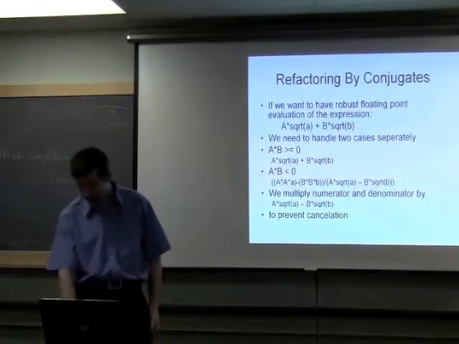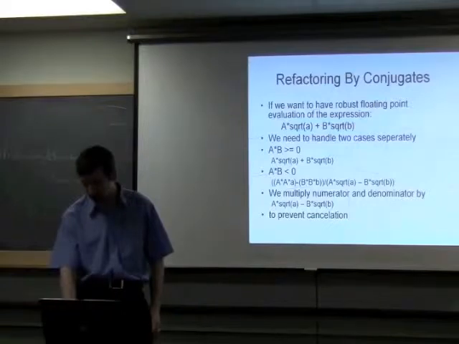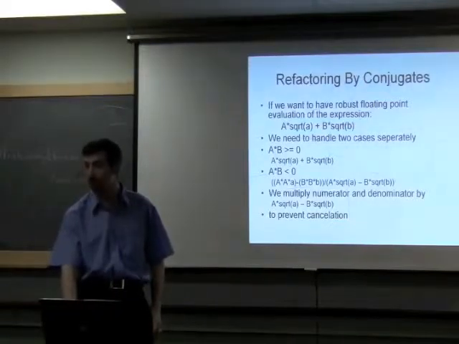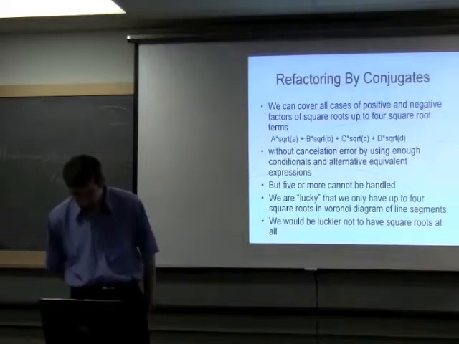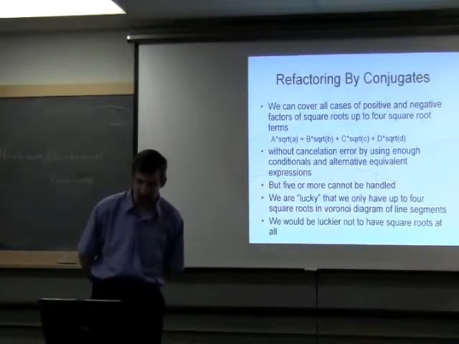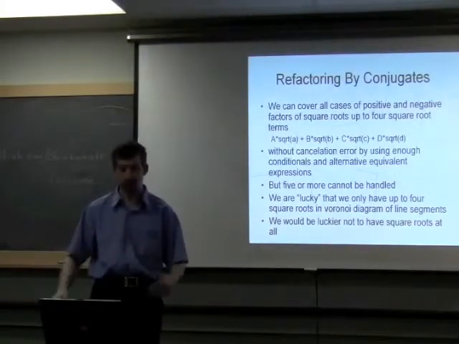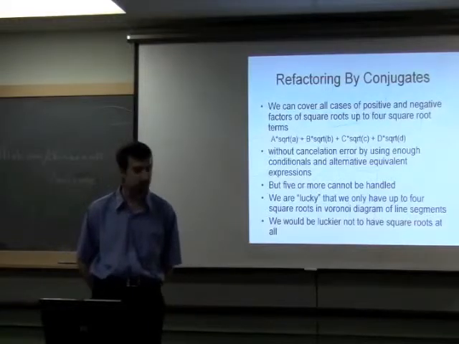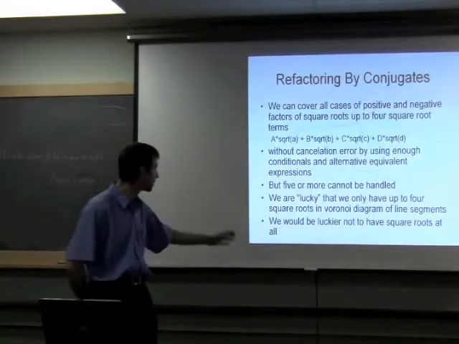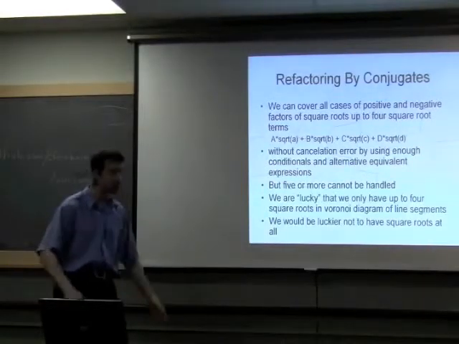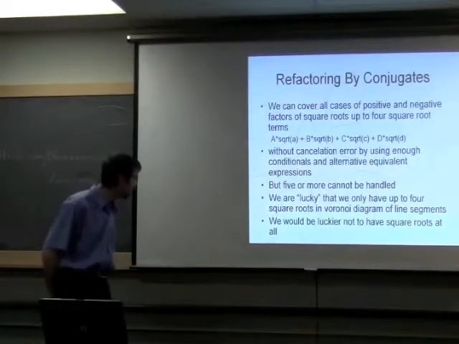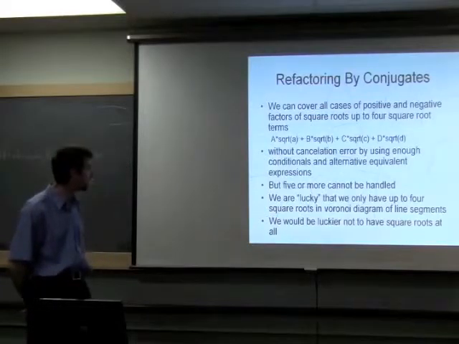And perhaps we can talk about it offline. I'm interested in alternative ways to do it. We've been exploring many different alternatives actually with the student doing research and trying things. So by doing this refactoring by conjugates, we can cover all cases of positive and negative factors of square roots up to 4 square root terms in an expression that looks basically like this, without cancellation error if you have enough conditionals in there. 5 or more can't be handled.